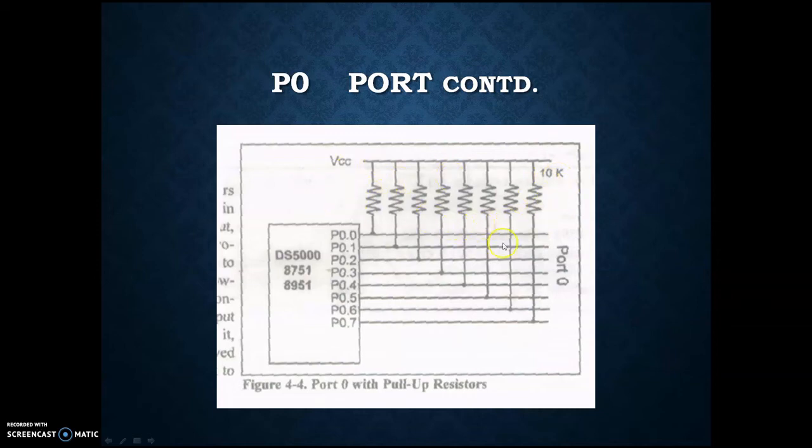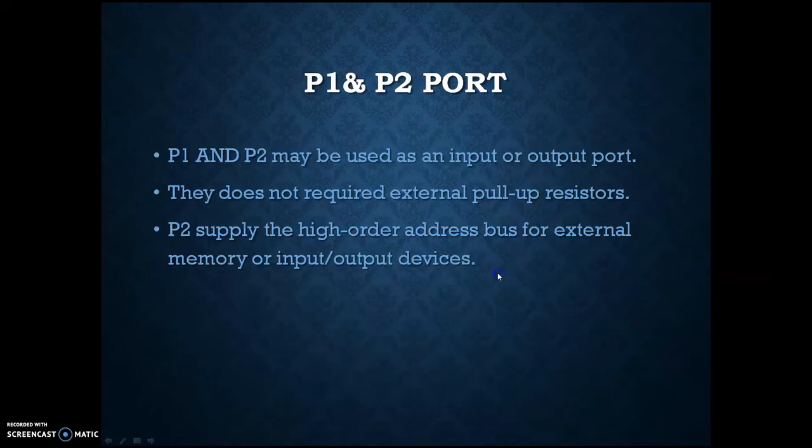Now the other ports, P1 and P2, can also be used either as input port or output port. The important thing is that P1 and P2 don't require any pull-up register to activate these pins.